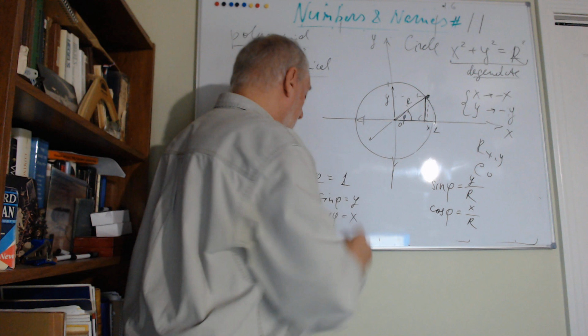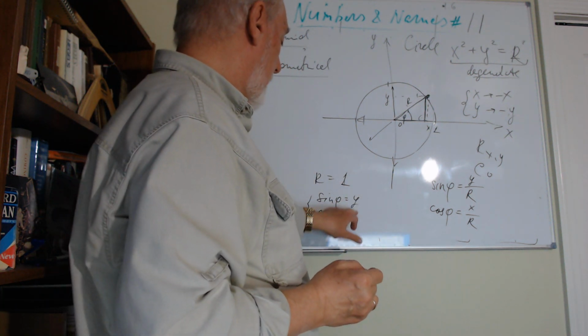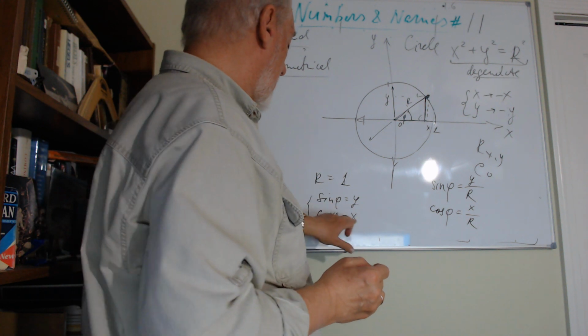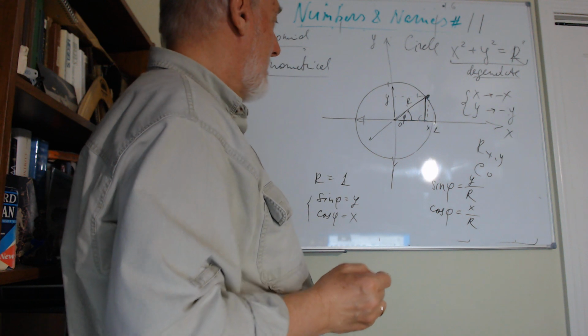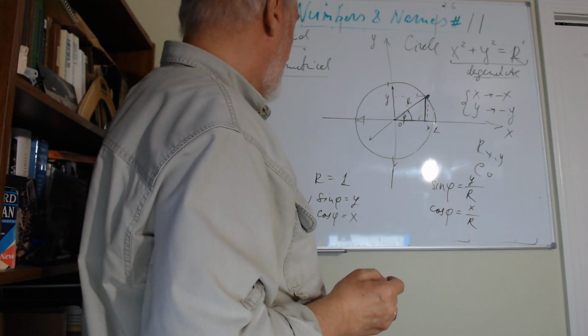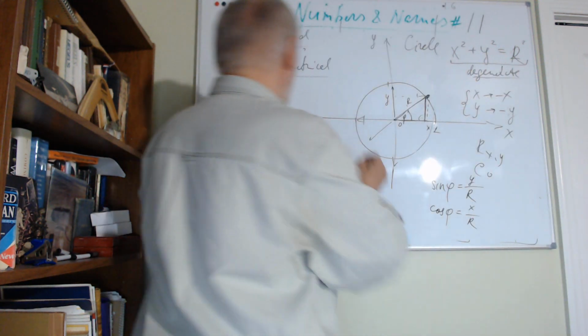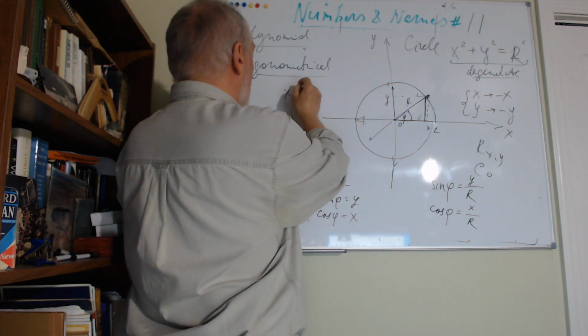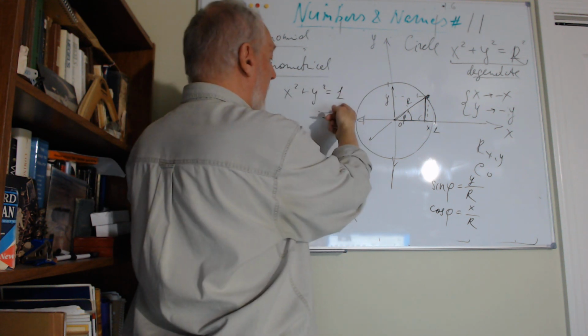So what do you think this relation is? If y is sine and x is cosine, if we put it here, x squared plus y squared equals 1, radius is 1.